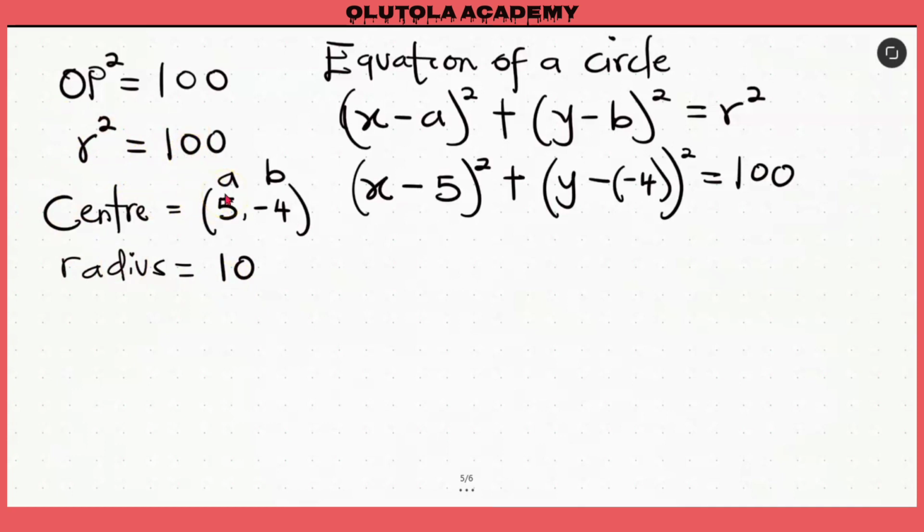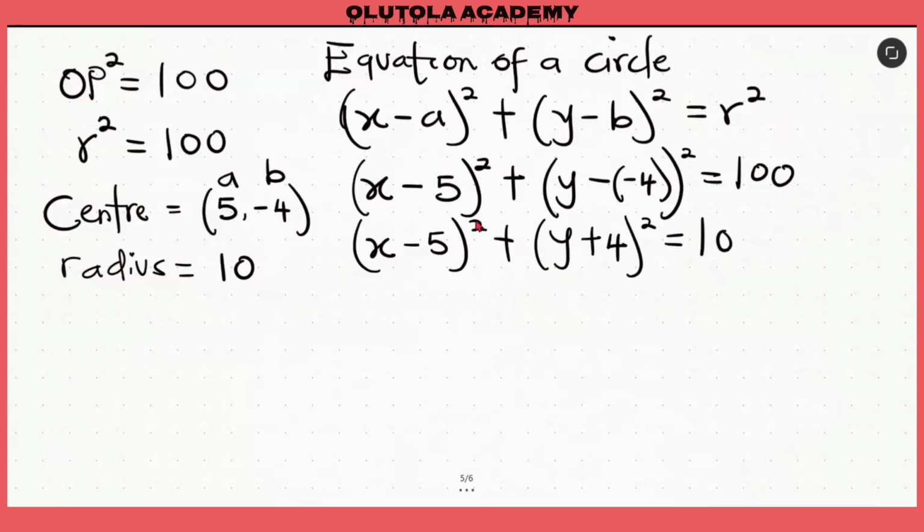So what I'll do here is just expand this, and I'm good. I have (x minus 5) squared plus (y plus 4) squared equals 100. Expanding this, x minus 5 multiplied by x minus 5 gives x square minus 10x plus 25.